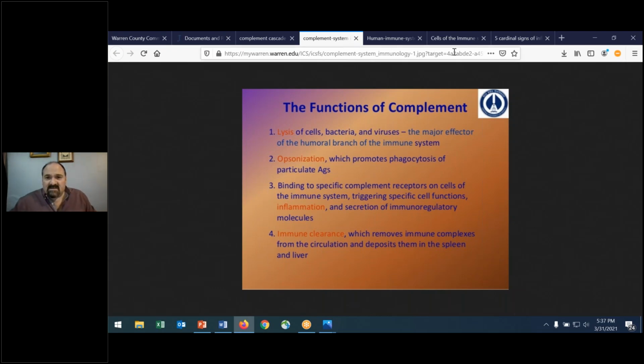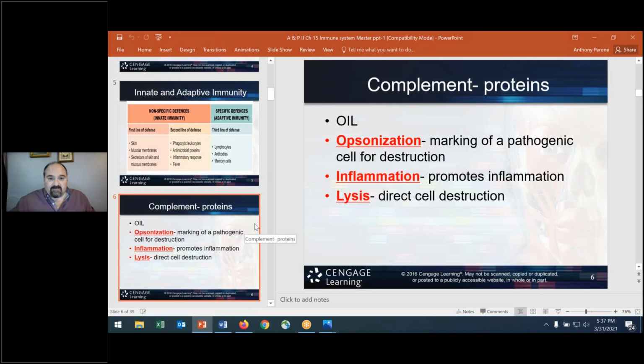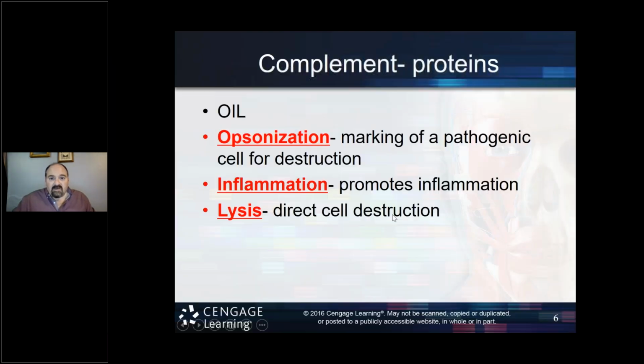And again, it's really part of the non-specific immune response, okay? So opsonization, inflammation, lysis, right? Marking of a pathogenic cell for destruction, promoting inflammation, and direct cell destruction. Right? So if you know that for complement, you're good.